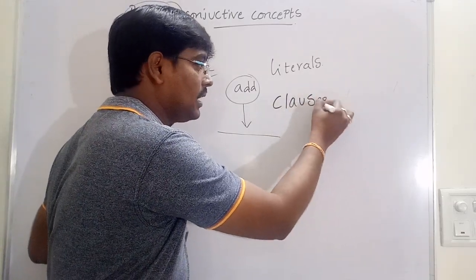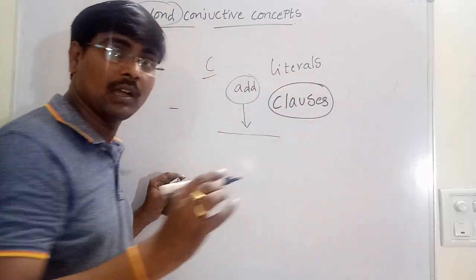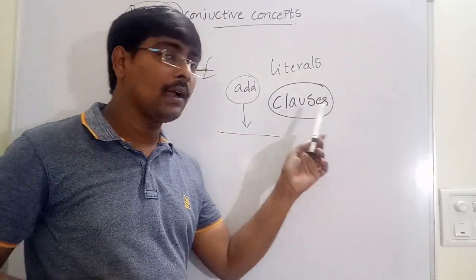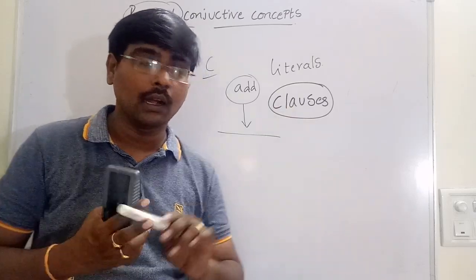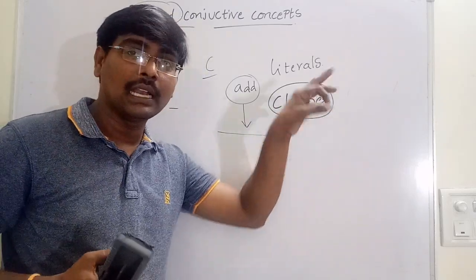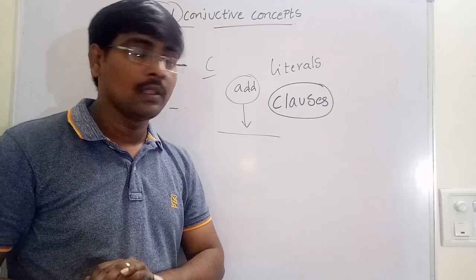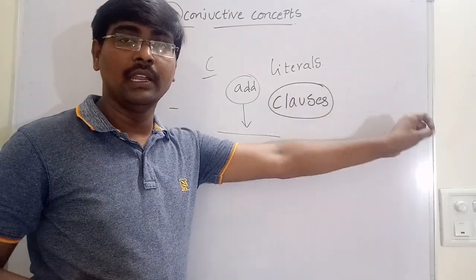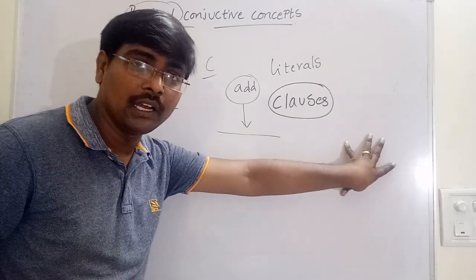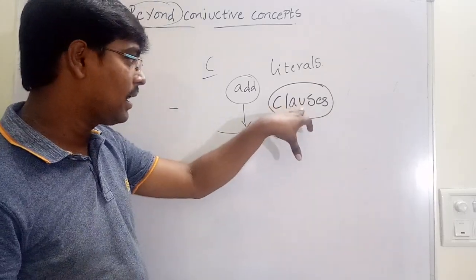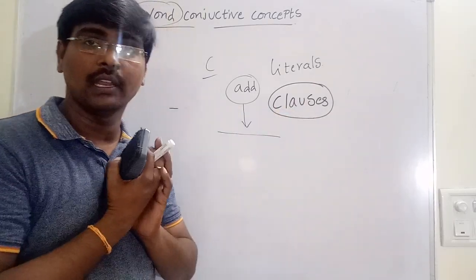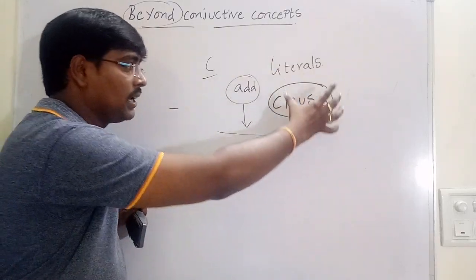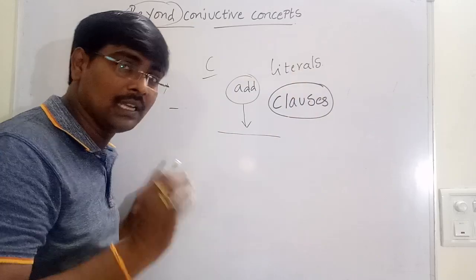Here the same concept: to cover all the positives, we drop a clause that uncovers any positive. We add a particular clause to uncover any negative. If it covers a negative example, by adding a clause, it uncovers the negative example. So the concept is the same. Instead of literals, in Horn theory we are using clauses.